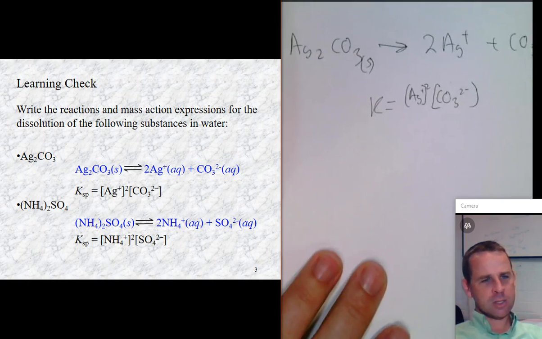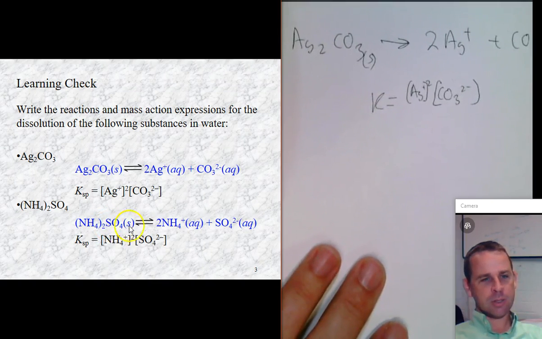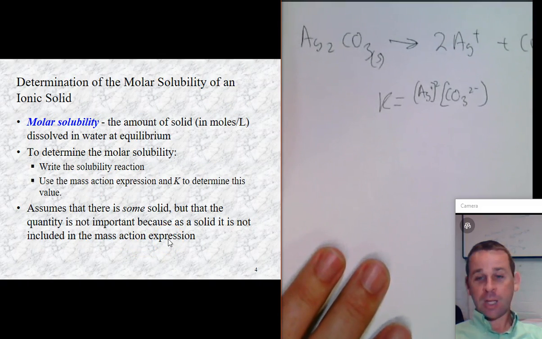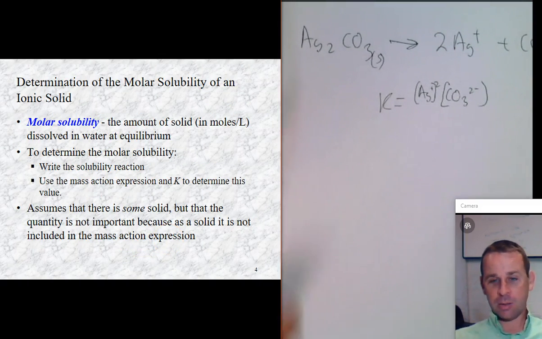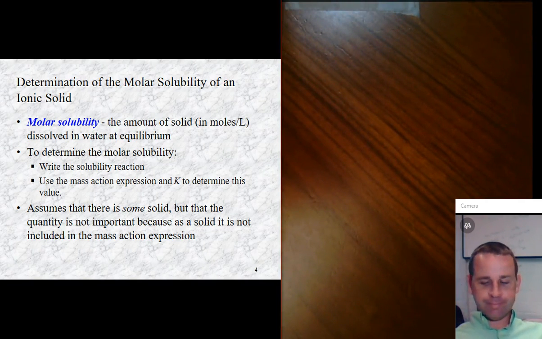If the ammonium sulfate is solid, now ammonium sulfate is generally not solid, but if you had a scenario where it was based on the temperature, then you would get 2 ammonium ions. Ammonium ion squared would be in the mass action expression, 1 sulfate ion, so ammonium ion squared times the sulfate ion. All right, so that's a little reminder that you don't include solids. So that's all we have to kind of gather from that part.